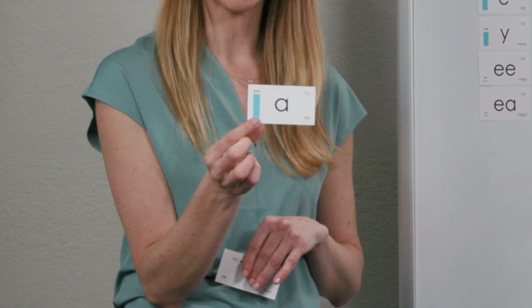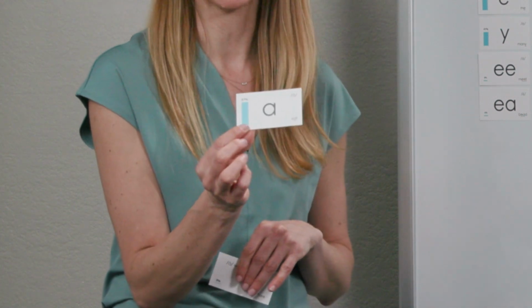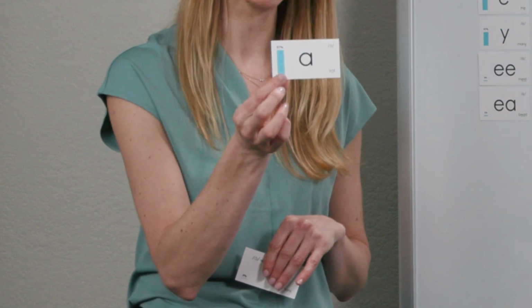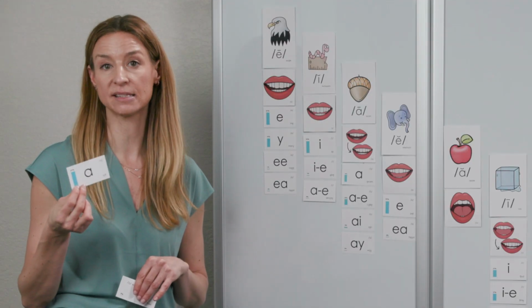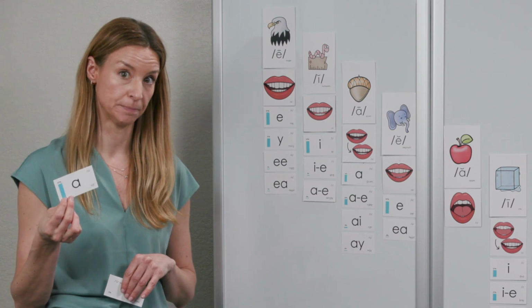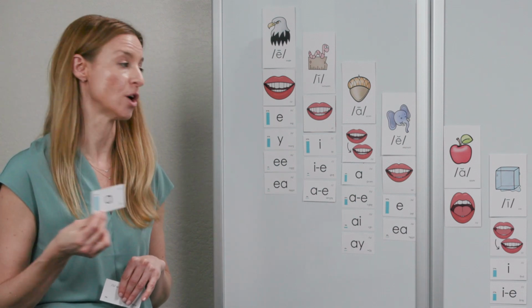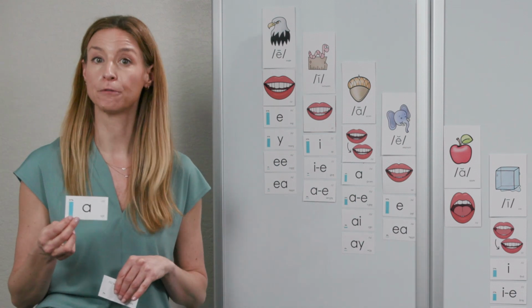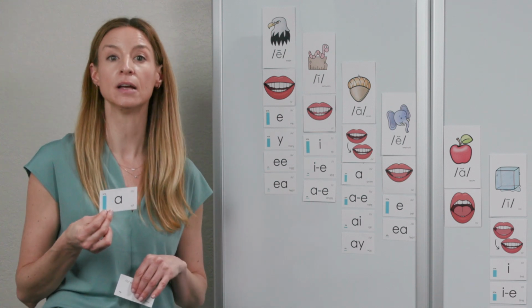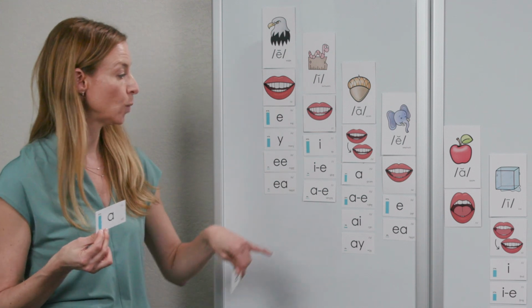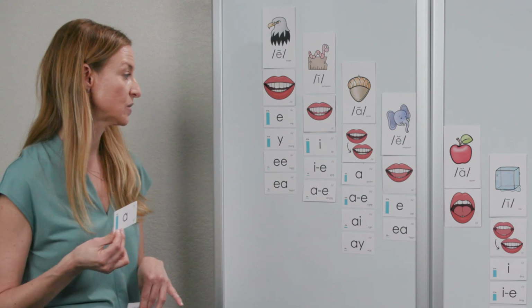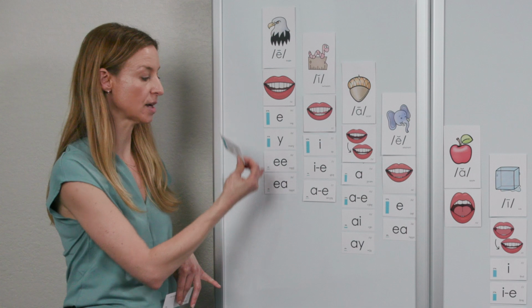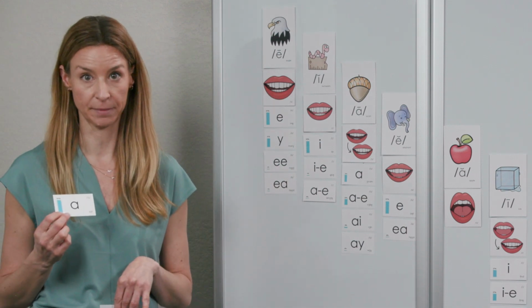So this grapheme shows that 90% of the time, "a" will be spelled with an A. So that way you can see the most common ways that the sound is spelled. And it helps students to know when they're referencing this later for spelling what the most common spelling is. And we've organized the graphemes by most common spelling. So that way you're going from the most common to the least common spelling.